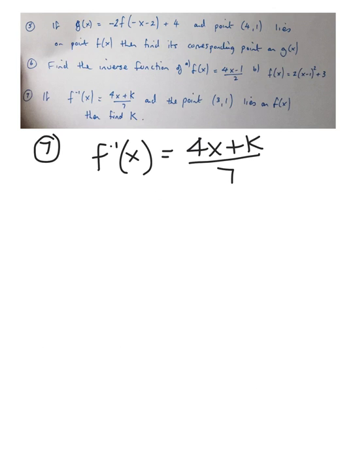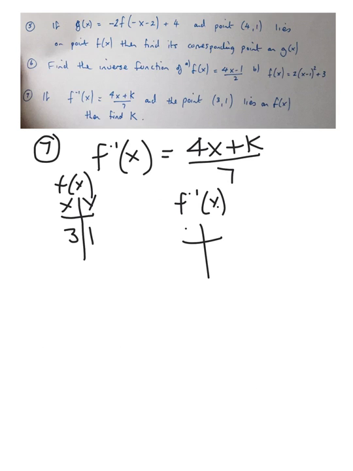Of course we could go through and work out the proper function, but we know that the point 3, 1 lies on f of x. That's given to us, so therefore the point that lies on the inverse must be that point switched around, which will be the point 1, 3.